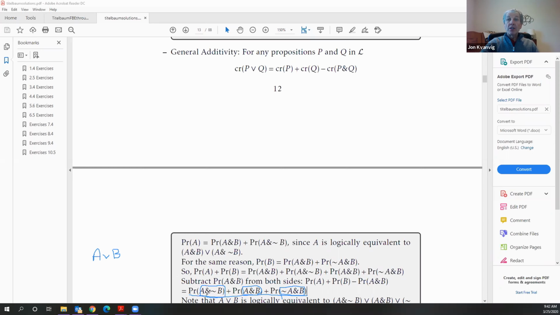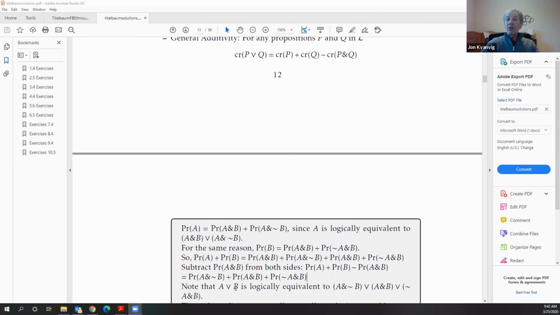And notice that conjunction, and that conjunction are the three ways in which A or B comes out true. The only one that's not included there is the not A and not B line of the truth table. So note that A or B is logically equivalent to the disjunction of those three lines of the truth table.